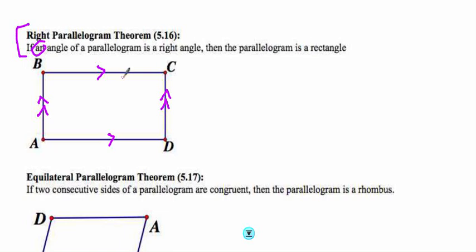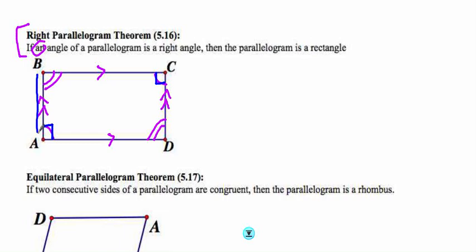have got our both pairs of opposite sides parallel. We also know that opposite angles are congruent to each other. If we are in addition given a right angle, one 90-degree angle, then of course angle C would equal angle A because of opposite angles of a parallelogram being congruent.